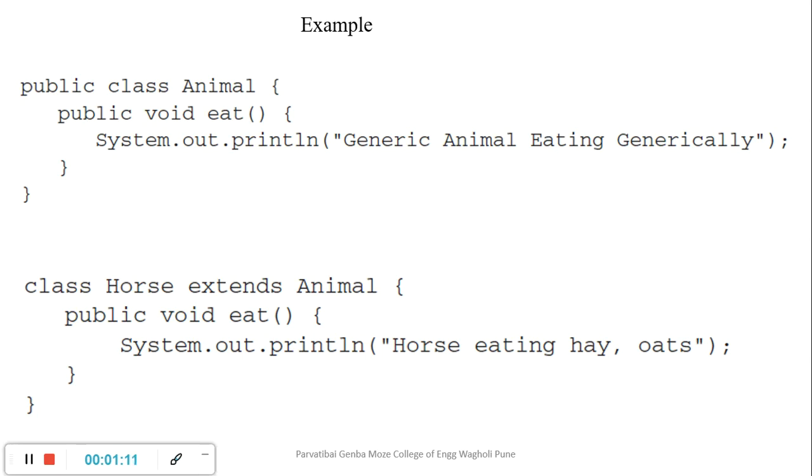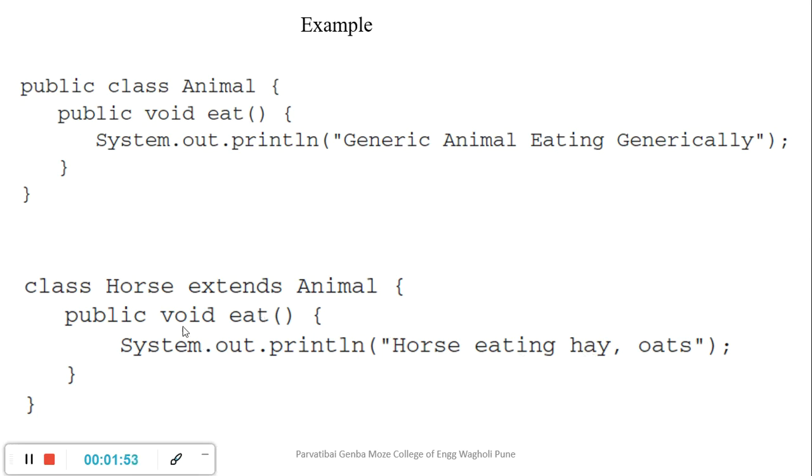Take this example. We have declared this class Animal, public class Animal, and in that one method is there, public void eat, and it prints "generic animal eat generically". Now what we have done, we have extended the Animal class and created a new class Horse. Class Horse extends Animal, and we have provided specific behavior for the eat method, public void eat, and we have modified the behavior and written "horse eating hay or oats".